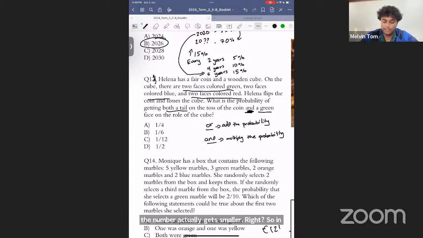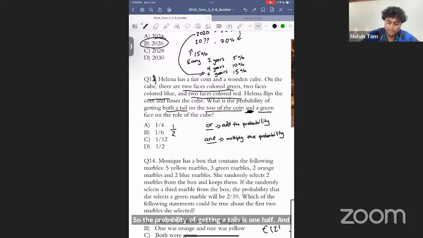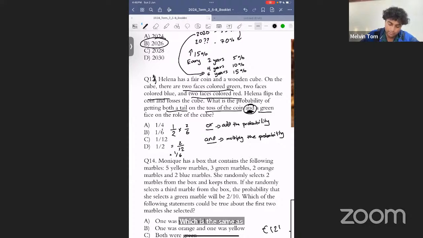So in this question, the question says the toss of a coin and a green face. So the probability of getting a tails is 1/2, and the probability of getting a green face is 2/6. And because the word is and, we multiply. And the answer is 2 over 12, which is the same as 1/6. B.